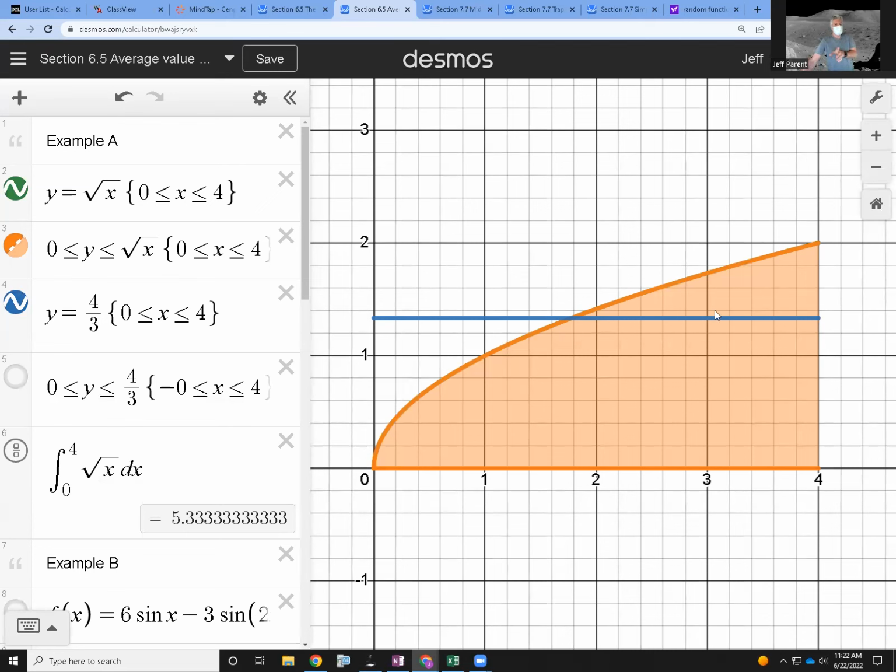So yeah. Now what this means is I can look at this and calculate this area in a couple ways. I could calculate the area by integrating like we did, or let me shut this off, I can just calculate the area of this rectangle. So the length times width. So that's going to be 4 times 4/3. That'd be 16/3. That would be the area here.